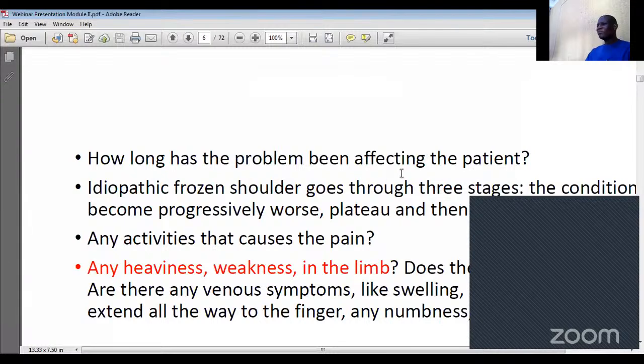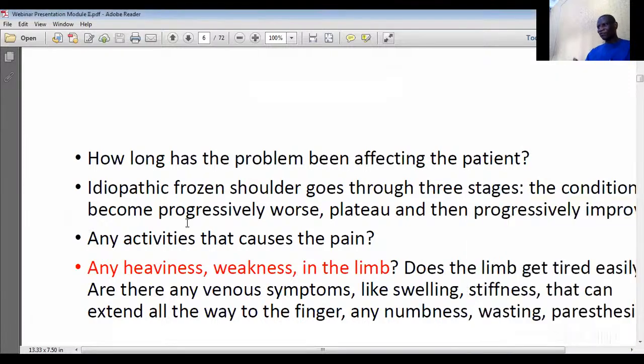How long has the problem been affecting the patient? It's a thing that we have to possibly consider as well. All right. Idiopathic frozen shoulder may go through 3 stages. The condition may become progressive, right? It may be worse at the initial stage. After a while, it becomes plateau, that the symptoms seem as if there are no symptoms again, or possibly the symptoms are not moving, not progressive.